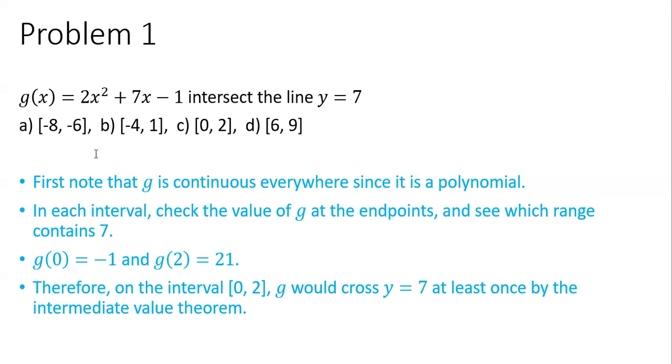So what does that mean? Well, that means at some value of x, the y value is going to be less than 7. And for some other value of x, the y value is going to be greater than 7. Because it's continuous, let's even put some numbers like 6 and 8. So at some value of x, the y value is going to be 6.